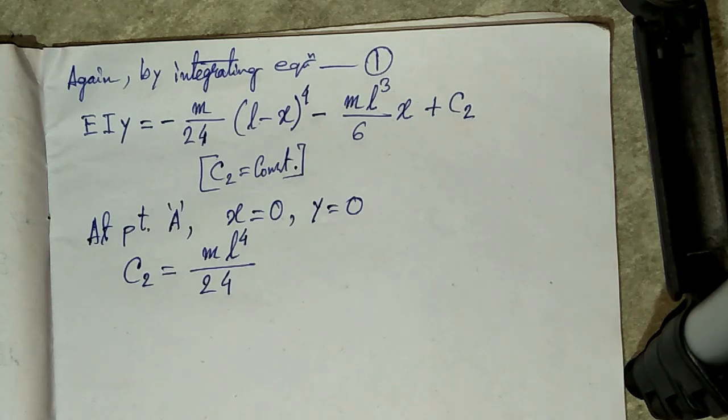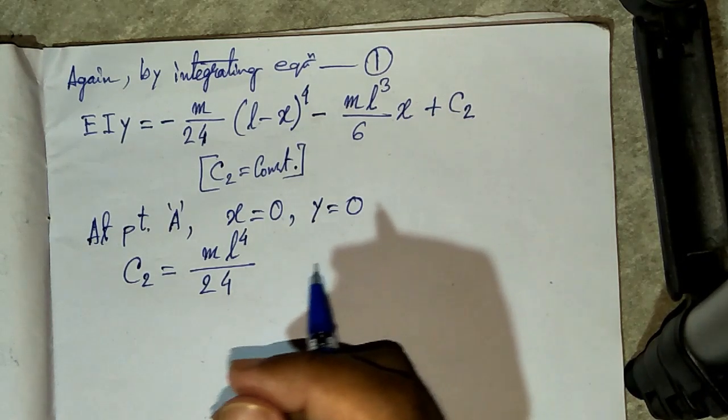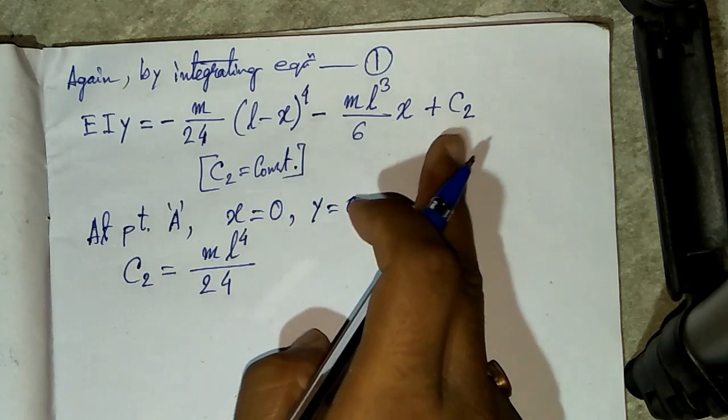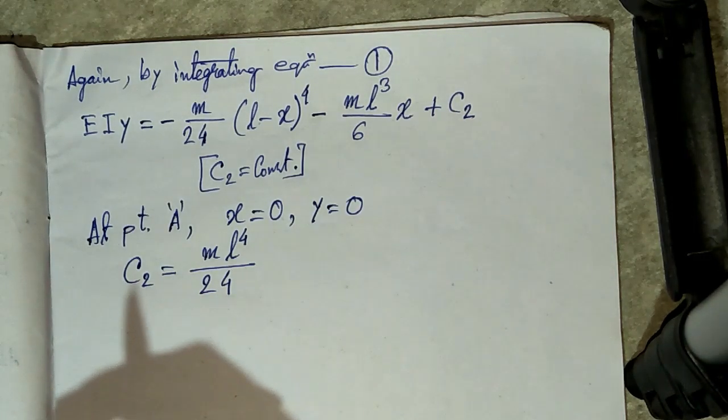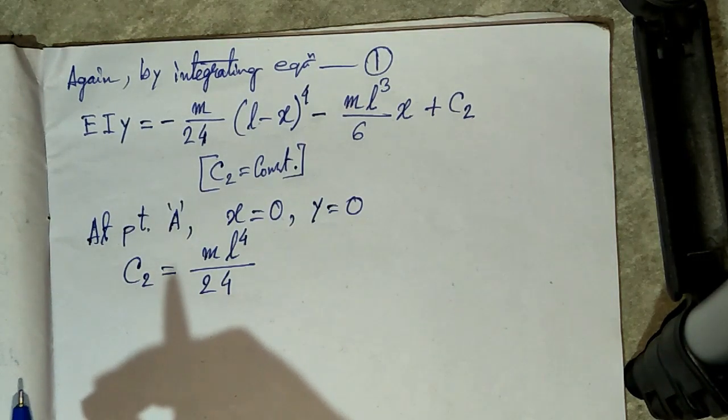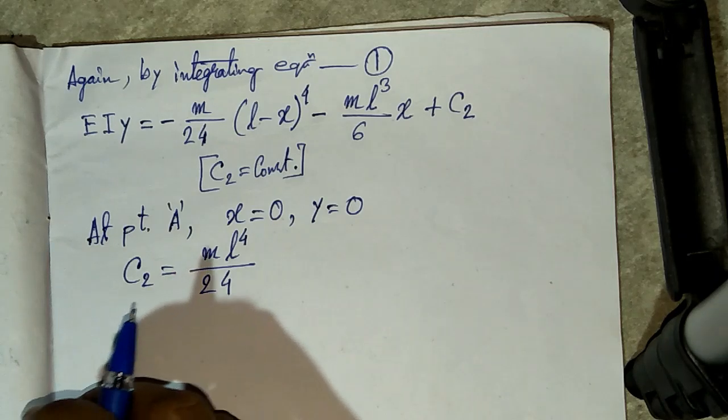Now we are going to substitute the value of c2 into the equation that came by double integrating the moment equation.